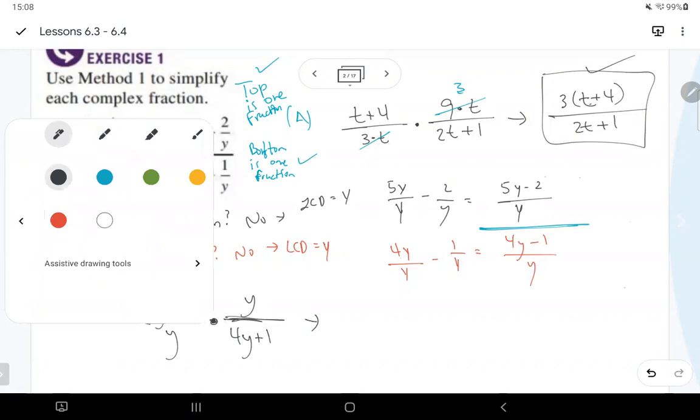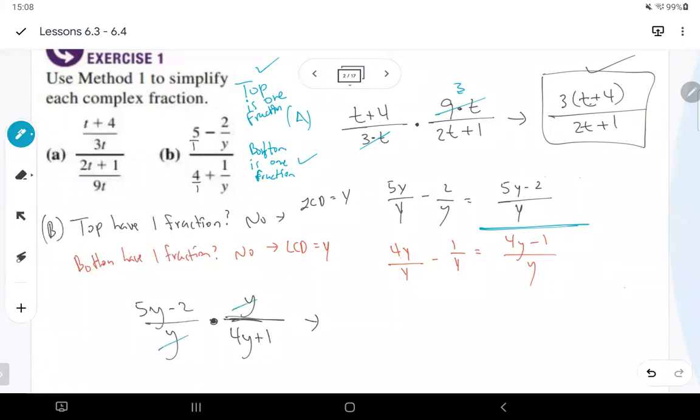The y's end up canceling, and you're going to have a final answer of 5y minus 2 over 4y plus 1. All right, that's method 1 in practice. Let's move on to method 2.